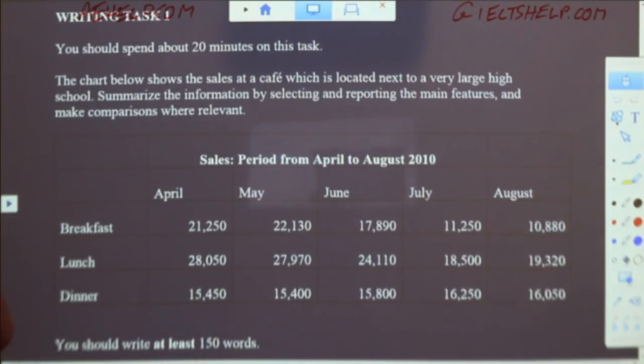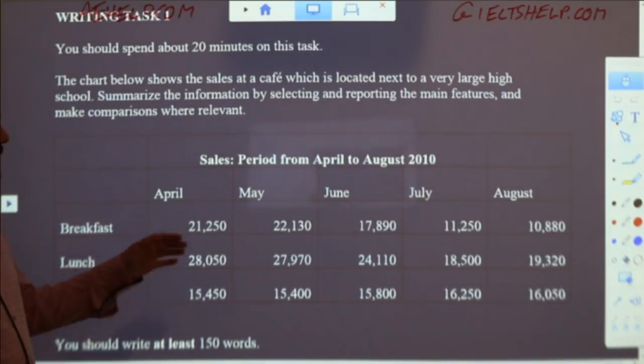What are these sales? Okay, it's not necessarily the cost. You have to be careful. It could be just units of the meal, right? It doesn't actually show us the dollar sign here. We might assume that it's dollars, but it's not giving us the dollar sign.